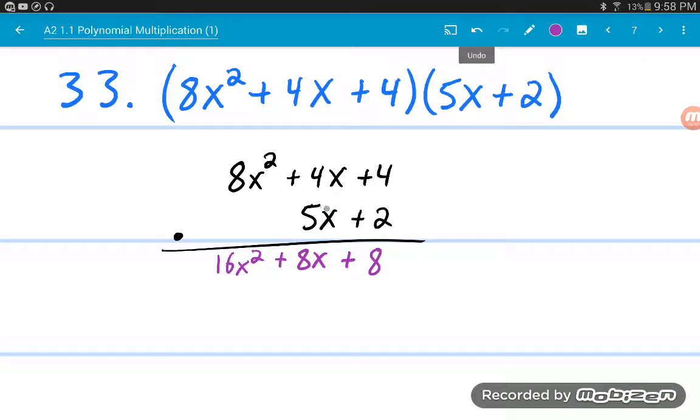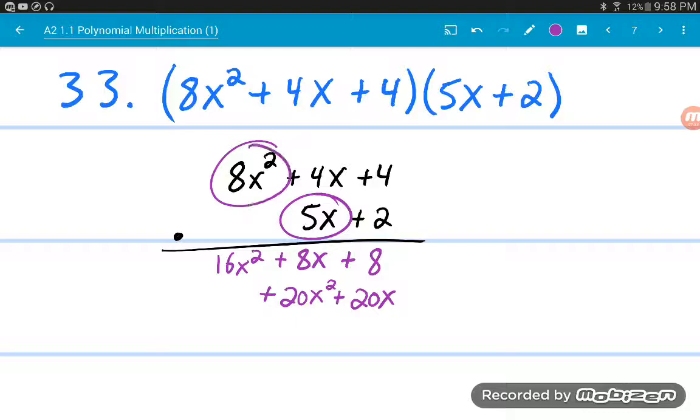I'll stay purple. 5x now, it's 5x's turn. 5x times 4 is 20x. It's a positive 20x. 5x times 4x is going to be 20x squared. It's positive as well. And lastly, 5x times 8x squared. 5 times 8 is 40. X times x squared is x cubed.